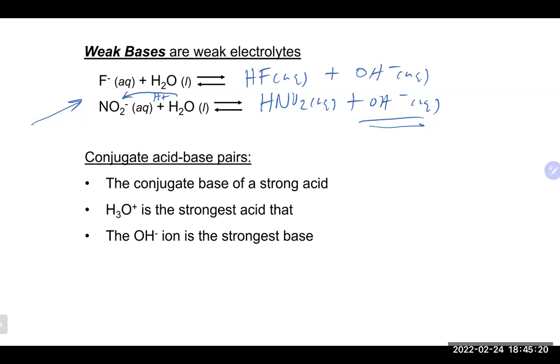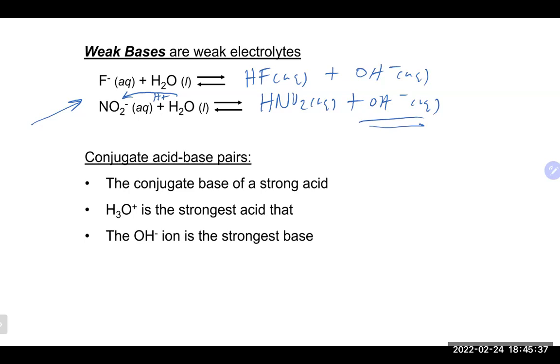There are a couple of important relationships that are going to help a little later on in this chapter. So let's talk about the relationship between a strong acid and its partner, its conjugate base, or a strong base and its conjugate acid.